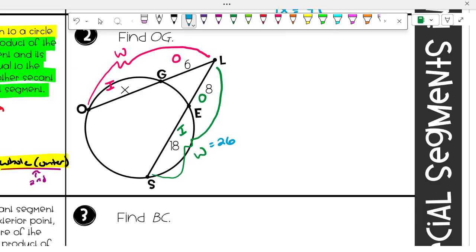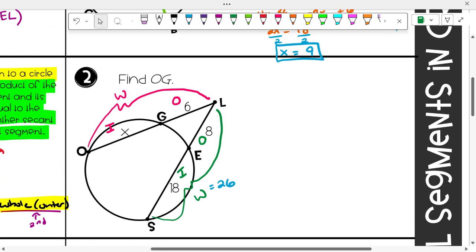Now, how would you express the whole of OL, the length of OL? It's x plus 6, or 6 plus x, either way.